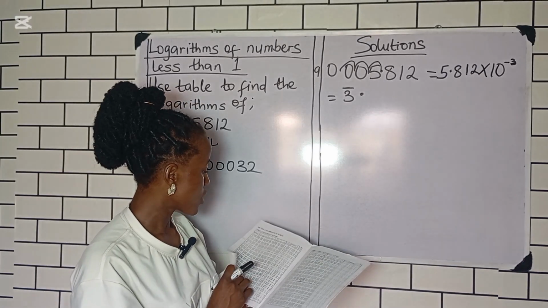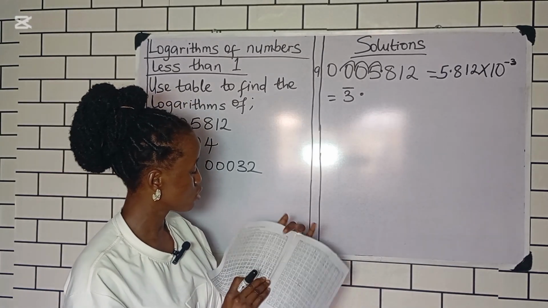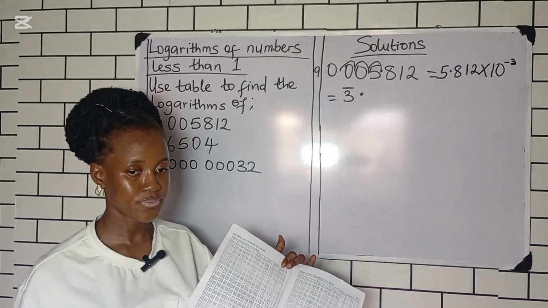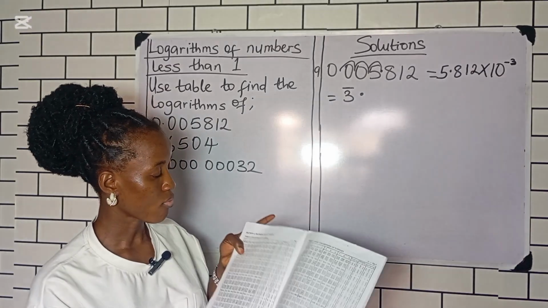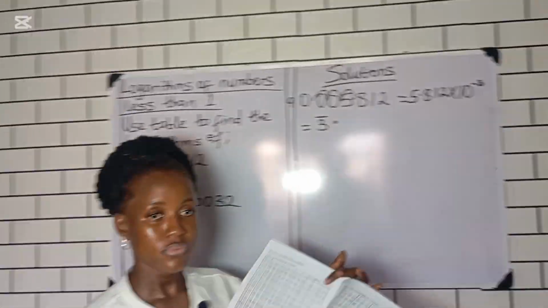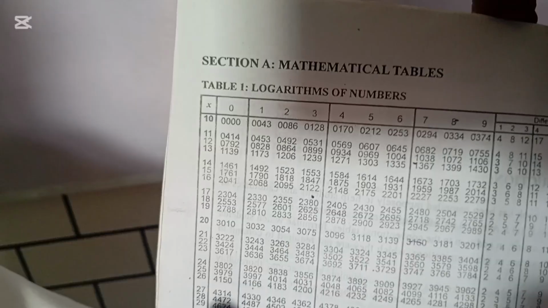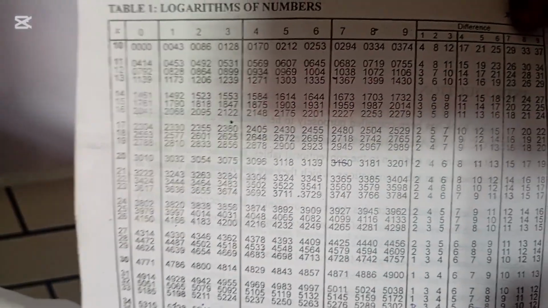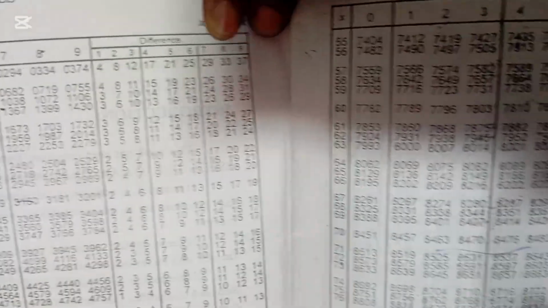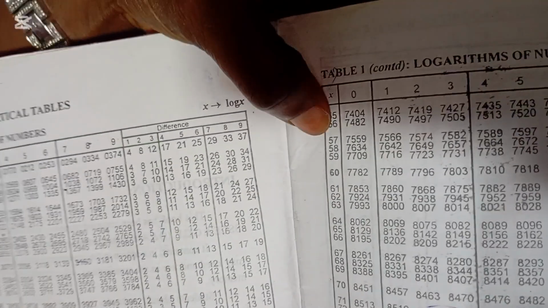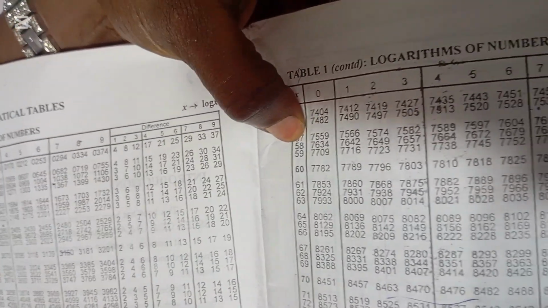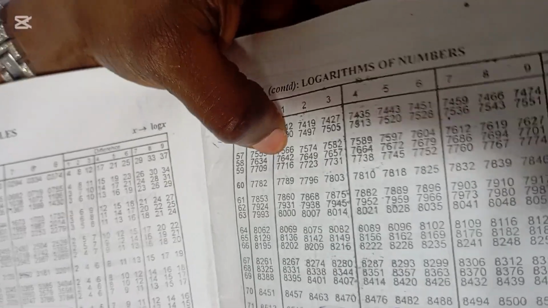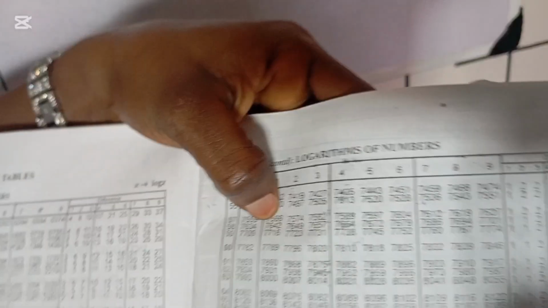Now we're going to open to logarithms of numbers. You can see this S column. In this column, we're going to look for 58. Looking for 58 here, this is where our 58 is. 58 under 1 is 7642.